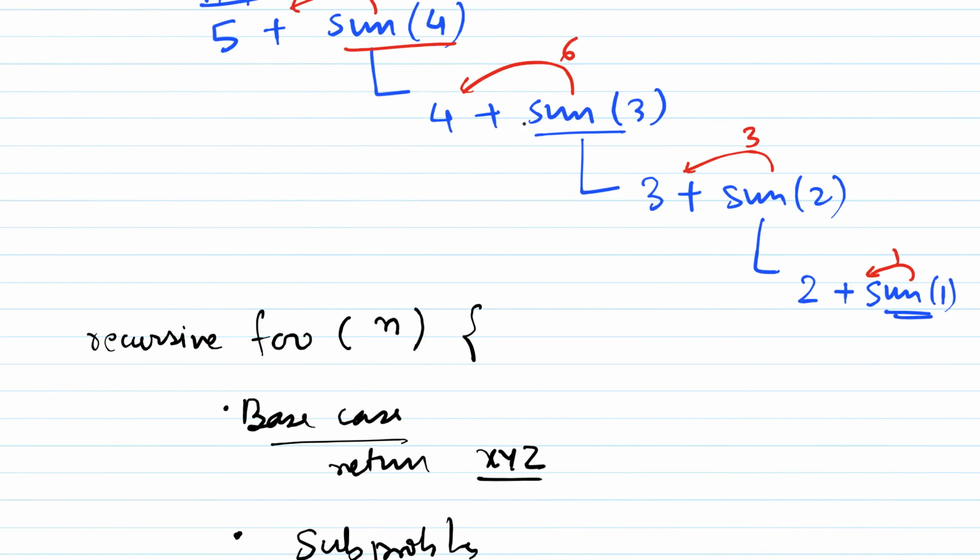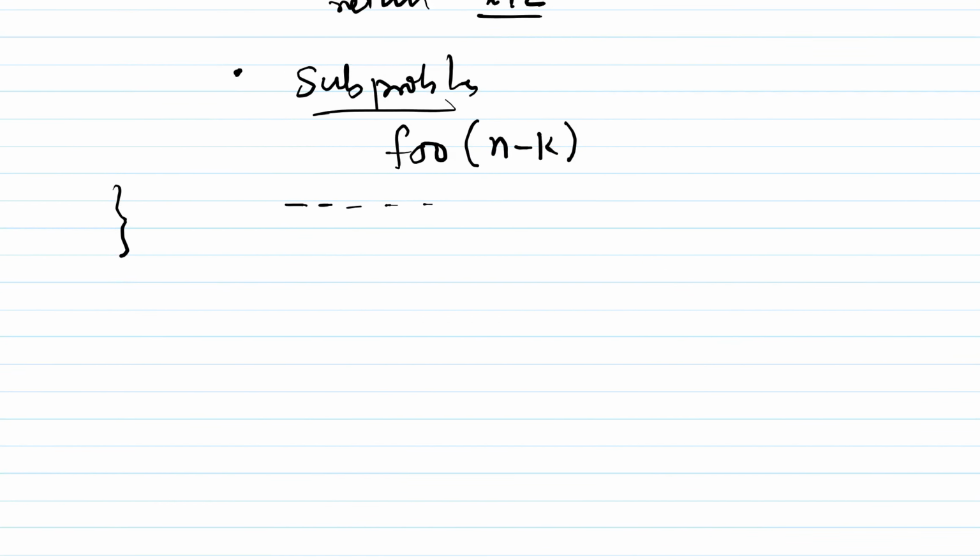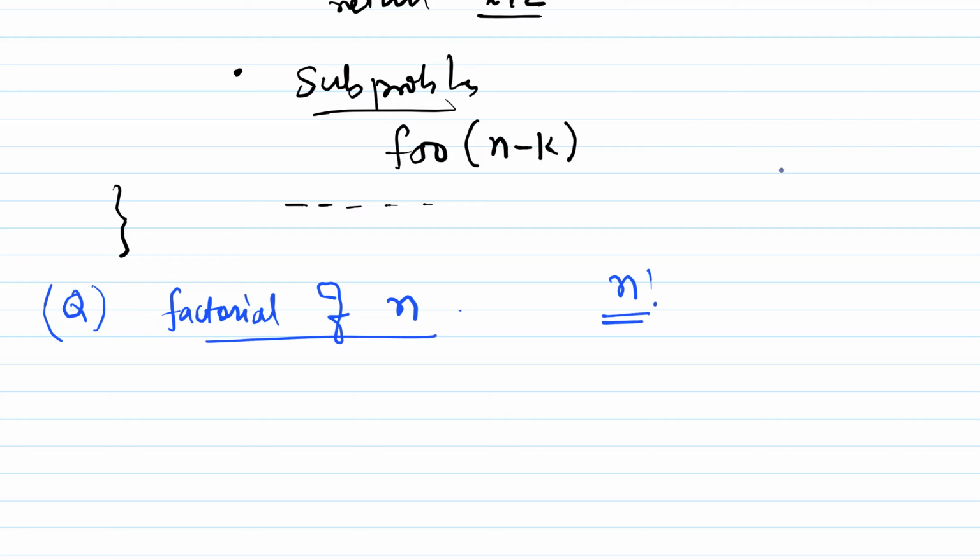Now once you have solved this and understood this, let's try to solve the following problems. So let's pause it and try to solve the factorial. So you have to find factorial of n. And just if you are not familiar with factorial, n factorial is nothing but 1 multiplied by 2 multiplied by 3 all the way up to n.